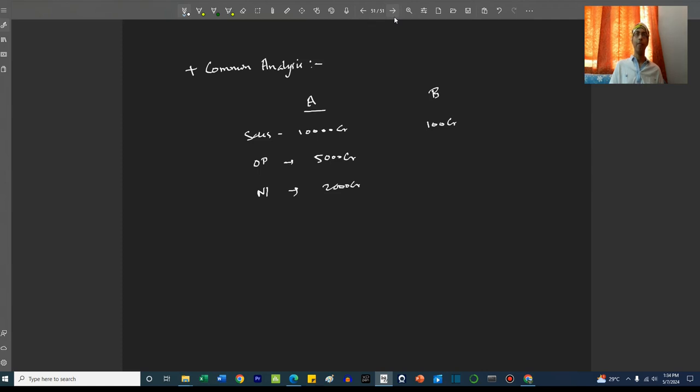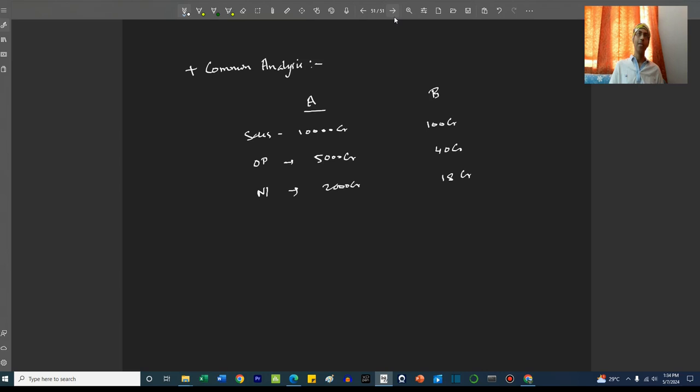Its operating profit is 40 crore and its net income is 18 crore. Now obviously comparing these two companies in terms of absolute numbers becomes a little bit uncomfortable. So what we can do is, we can divide all these numbers by the sales and get the percentage values.